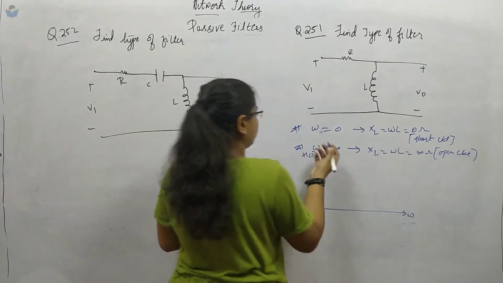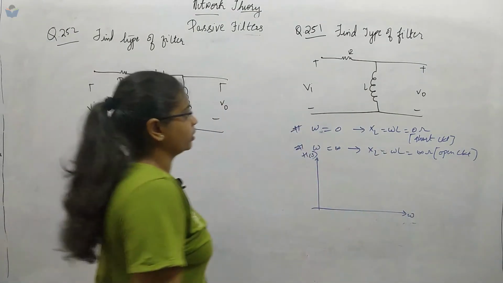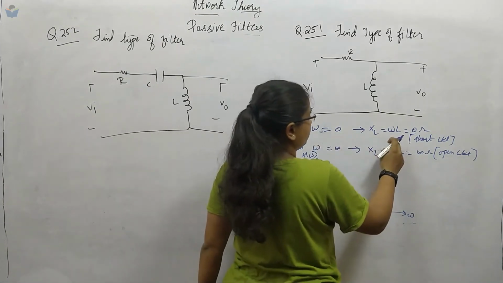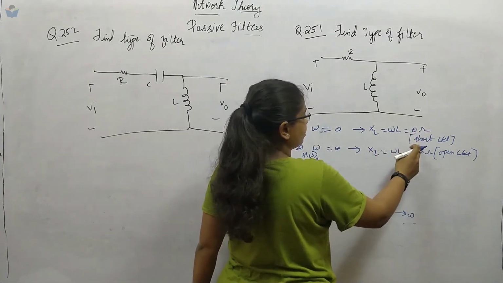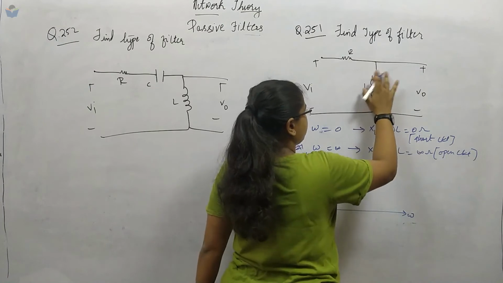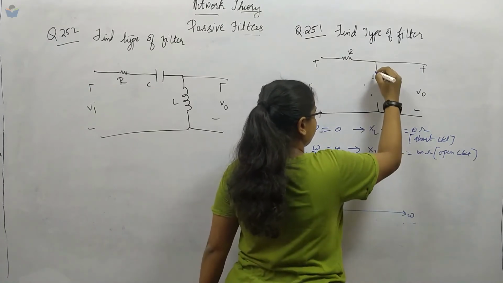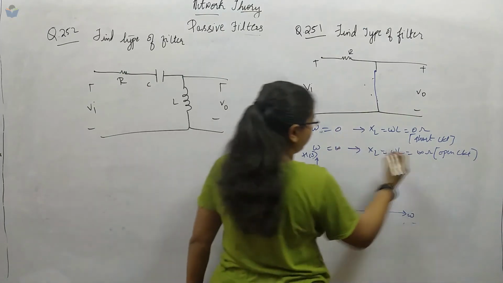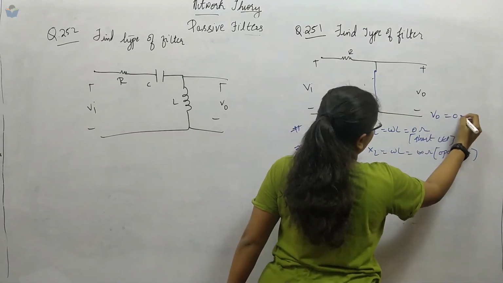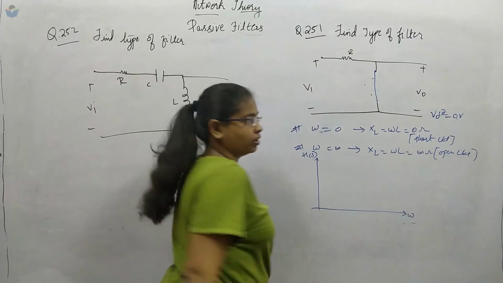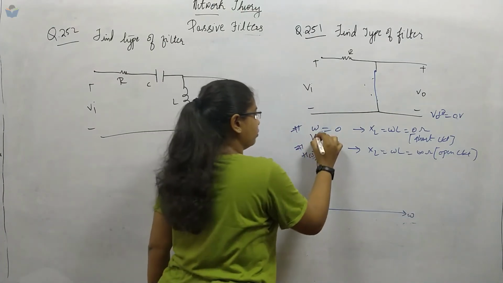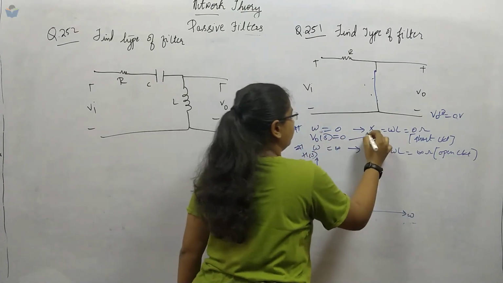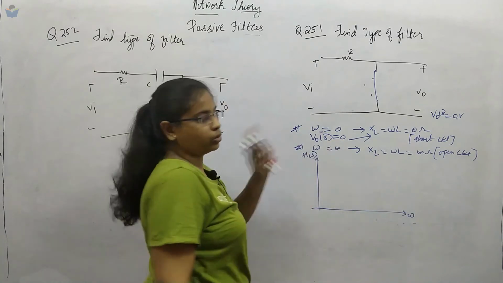Okay, now we will draw the graph for this one, H of j omega. If omega is equal to 0, omega L is 0 ohm, so it will be short circuit from here to here, right? When it is short circuit, our output V naught is equal to 0 volts at omega equal to 0.